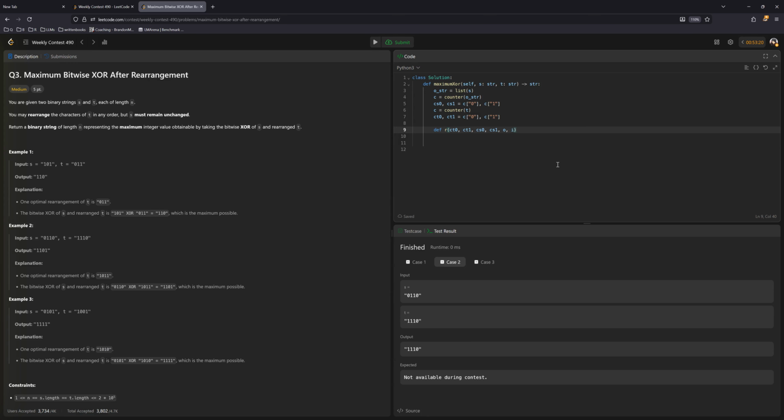Now, I'm hoping that we can make this decision as we're going. Right? Okay. If length of O is less than or equal to I, then we are done. Do we really need recursion? I don't feel like we need recursion.